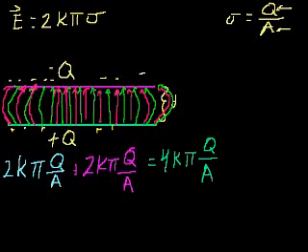Let's see if we can figure out the voltage difference between this point, let me draw it in a color that you can see, and this point. And what was voltage difference, just as a review? Well, voltage difference is the electrical potential energy per charge if the charge was here versus here.